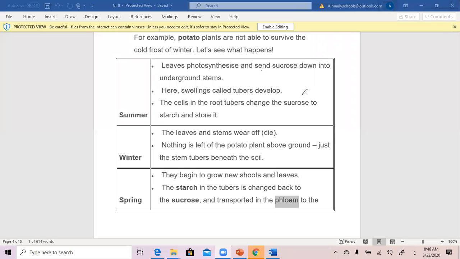Thanks. I will repeat another time, maybe you don't understand what the source and the sink are. In the winter, the leaf and the stem die, so the starch in the tuber changes back to sucrose, transported in the phloem.